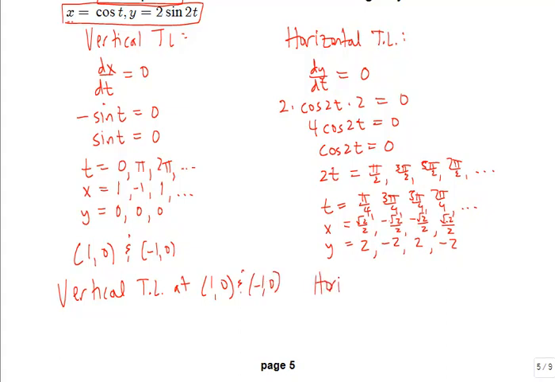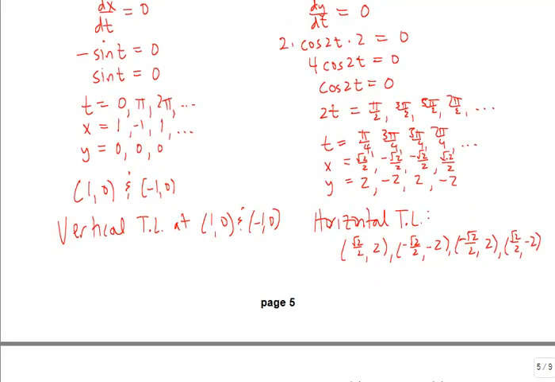And we're going to have horizontal tangent lines at (root 2 over 2, 2), (negative root 2 over 2, negative 2), (negative root 2 over 2, positive 2), and (root 2 over 2, negative 2).